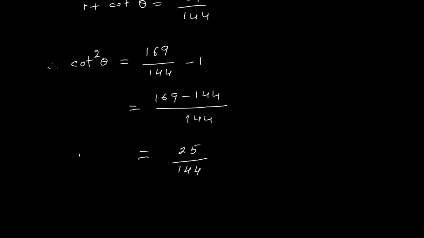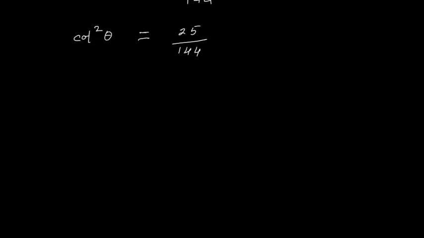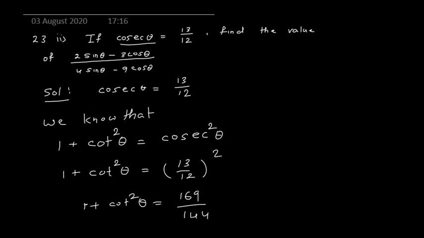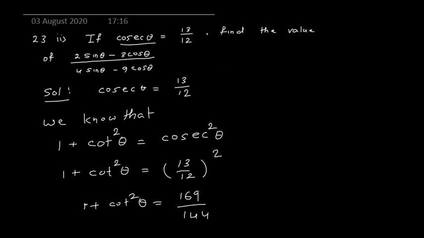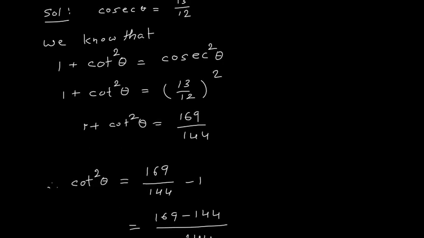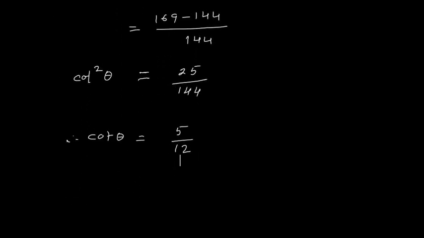This is the value of cot square theta. Therefore cot theta is 5 upon 12. Here we are going to take the value of cot as positive. If it is given otherwise, fine, but otherwise take the value as positive for finding all these values. So we have the value of cot theta as 5 upon 12.